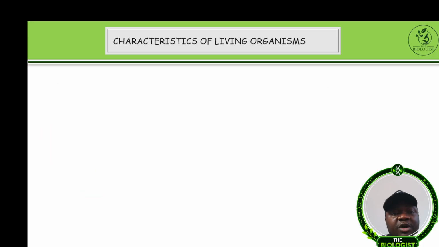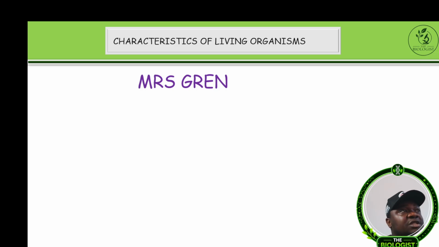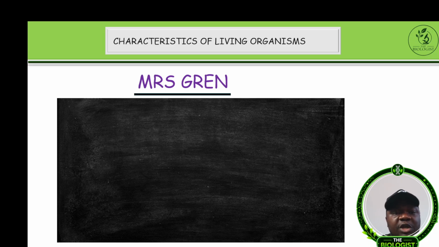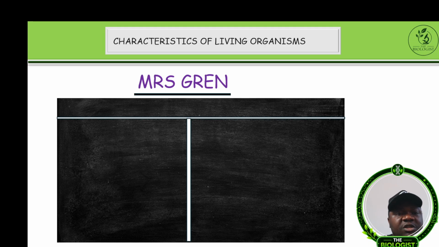So for us to understand the characteristics of living things, we need to understand what MRSGREN is. It's just an acronym that gives us a clear understanding of what the characteristics of living organisms are. In this table, we bring out each letter and explain what it stands for. The first letter, M, stands for movement.